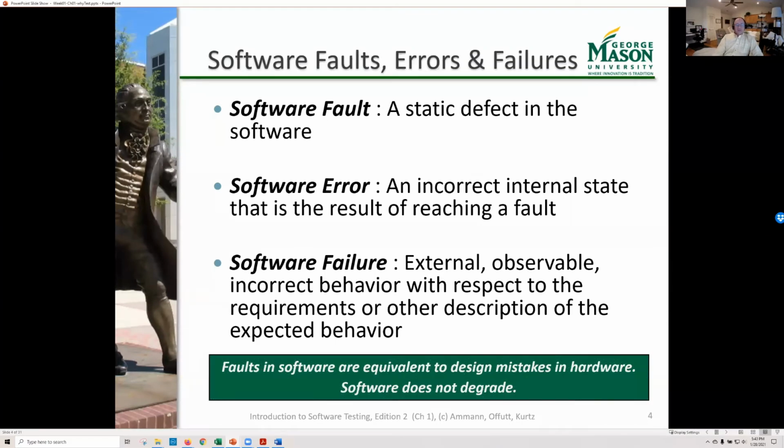Faults in software are equivalent to design mistakes in hardware. Unlike hardware, which can wear out and break down, software doesn't wear out and break down. We don't have any aging problems in software. We don't have things that break because you've run the software too many times. You might be able to come up with some weird edge case where that's not strictly true, but it's basically true.